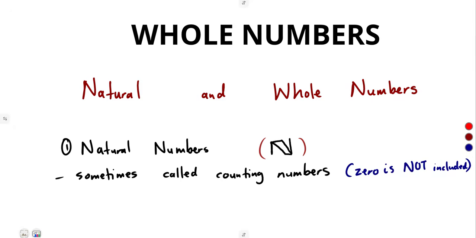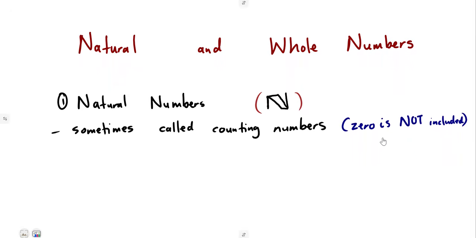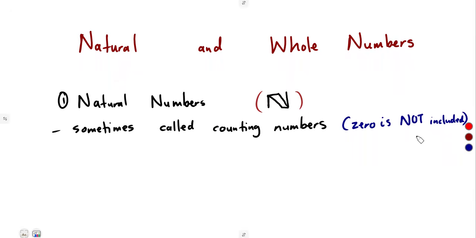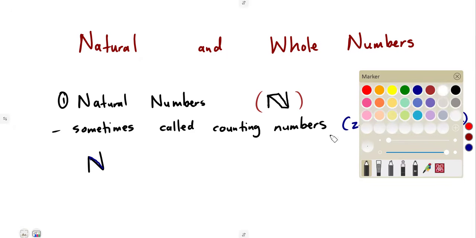So natural numbers, which are referred to as counting numbers, we are referring to numbers 1, 2, and so on and so on. The set of natural numbers, just put N. Some of you I see just put something like this, that's fine, or just put N there.